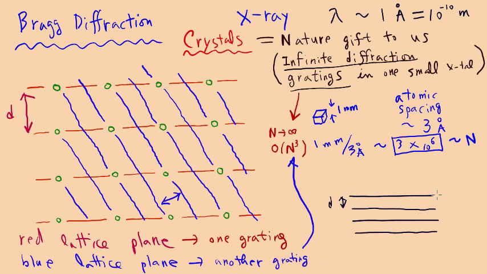So those are one-dimensional lines repeating. But now what we have is planes of atoms that are actually stacked. Okay, and the process by which light is monochromatized is also different from the actual diffraction grating that people make. So in this nature-made grating, the principle is actually even simpler.